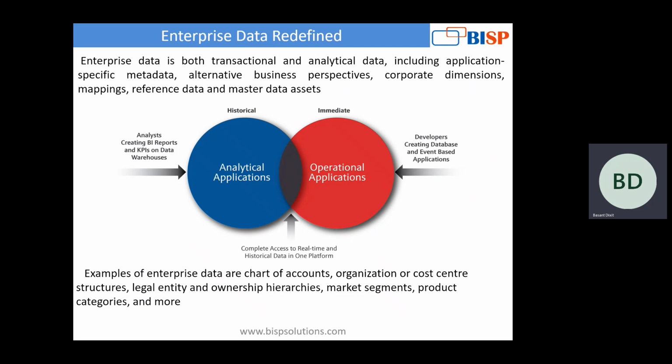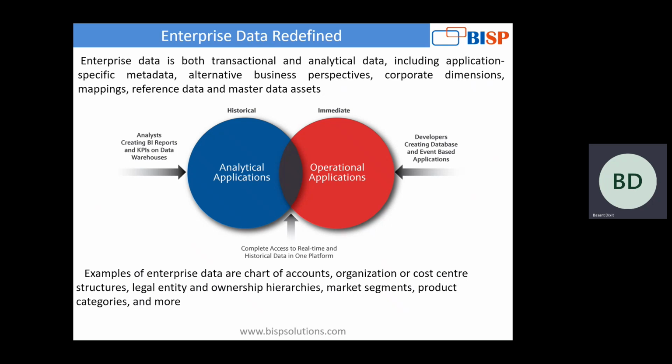Alternatively, in the traditional applications, we don't have that feature, and they do not allow many other types of data. But in EDMCS we support both: it can have transactional data and analytical data also.